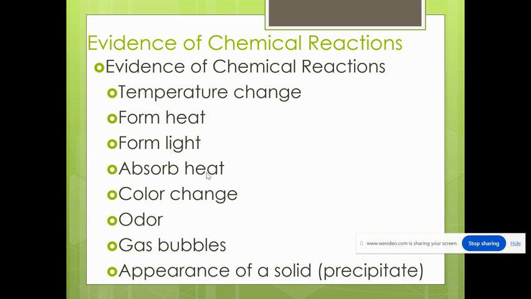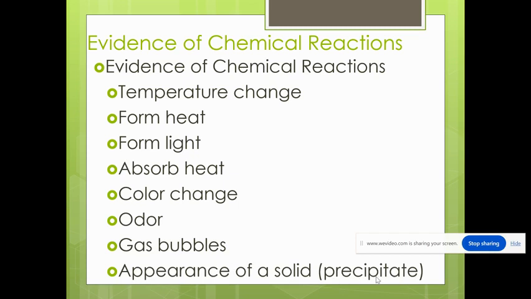Absorb heat. We talked about how if you have one of those ice packs in the first aid kit, you kind of break a seal and that causes it to get cold. Color change. Again, a fire. Odor, a fire. Gas bubbles. Sometimes you can see those on the logs. You'll see gas bubbles form on the fire.